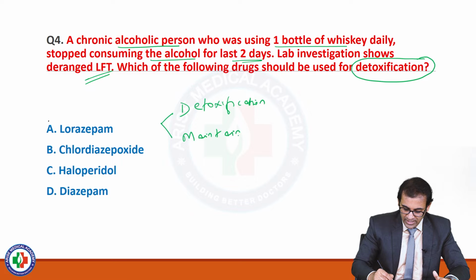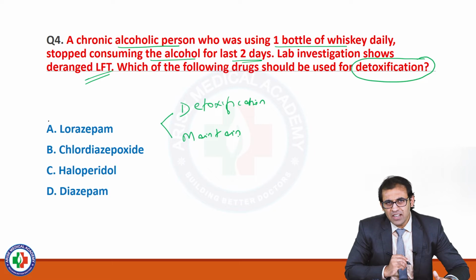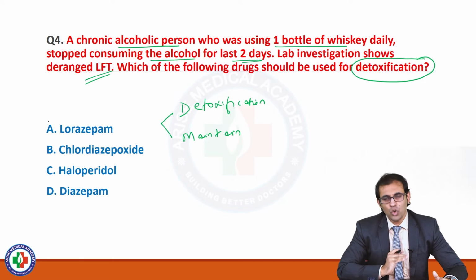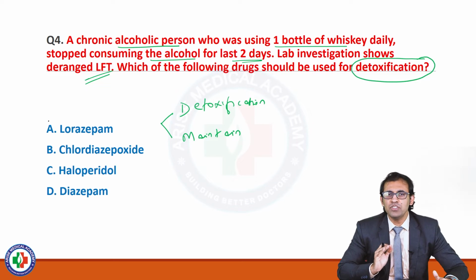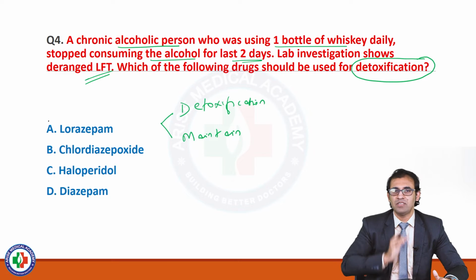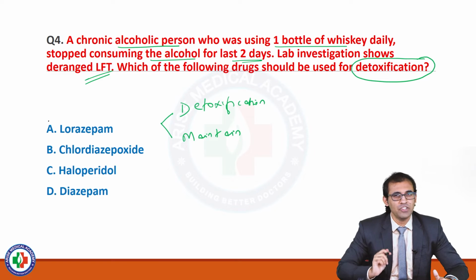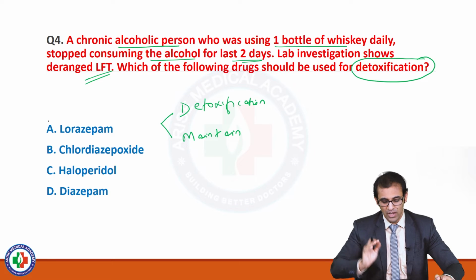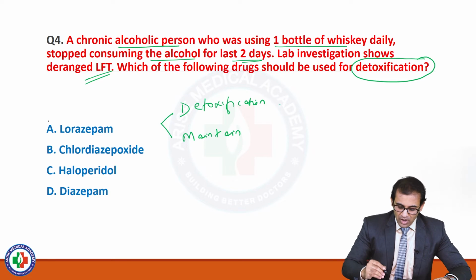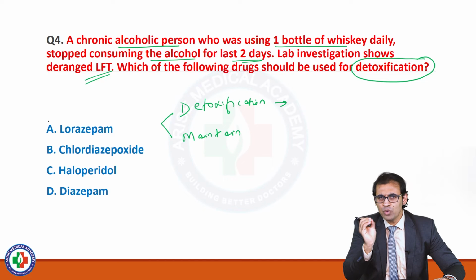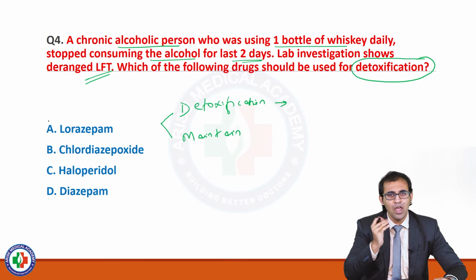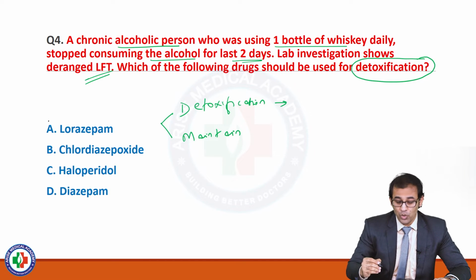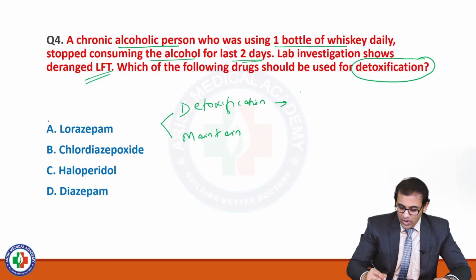So in this question, the examiner is asking which drug is used for detoxification when the liver function test is deranged, abnormal. The drug of choice for detoxification is obviously a substitute for alcohol, which is benzodiazepine. So the benzodiazepine of choice is what?